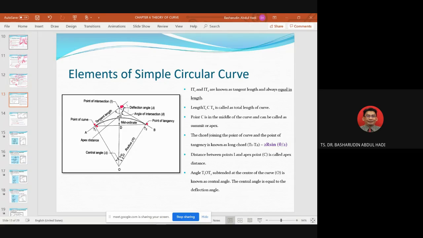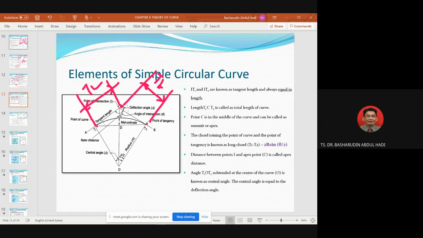IT1 and IT2 are known as tangent lines and are always equal in length. The tangent line is like this. You project here, you project here. This one is your tangent line. You project here straight at 90 degrees, so this one is also a tangent line. The tangent lines in a simple circular curve are always equal.